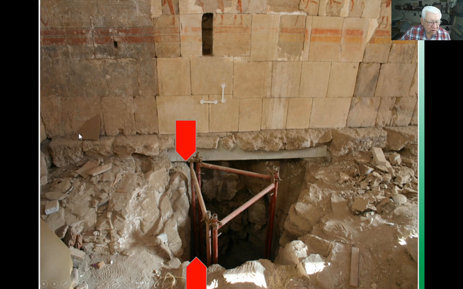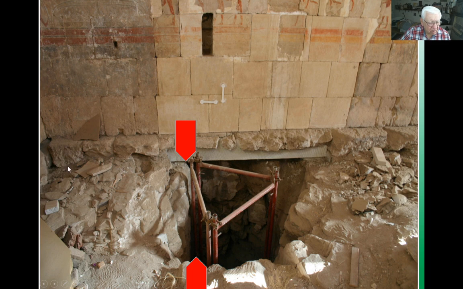Because they built this wall of the chapel of Hatshepsut, and because this surface of limestone intercalating Esna shales was not very flat, the base for this wall was specially prepared.